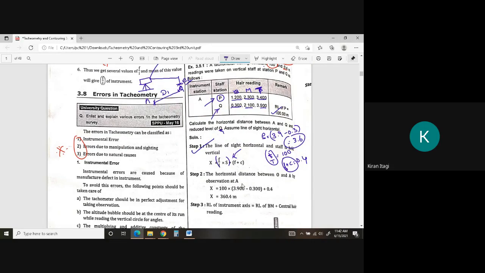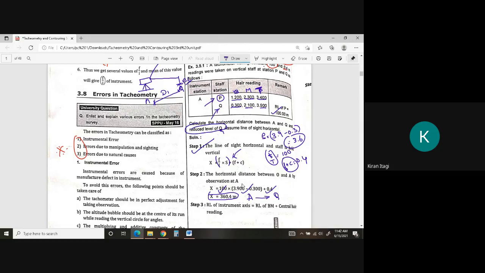F upon I is 100, S is 3.6, and F plus C is 0.4. Therefore, the horizontal distance between A and Q is 360.4 meters.